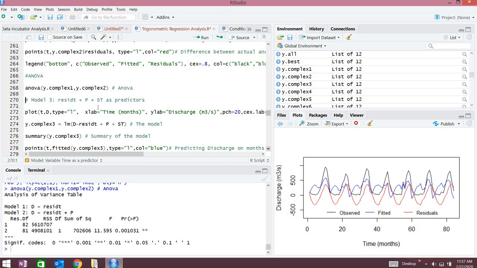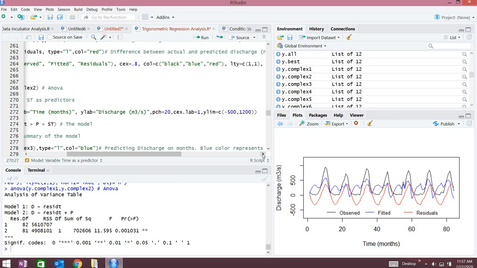Then we add the third variable, the second climate variable that has the lowest p-value, which is ST. So the code to run the plots is still the same. ylim minus 500 this time.